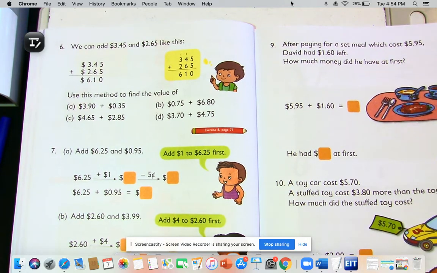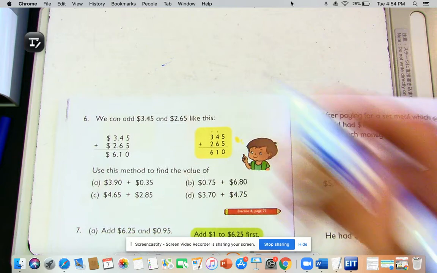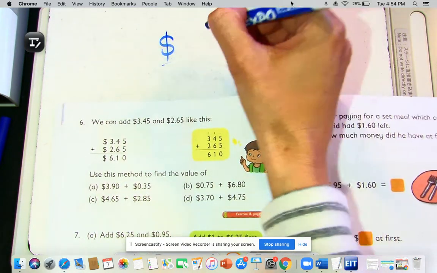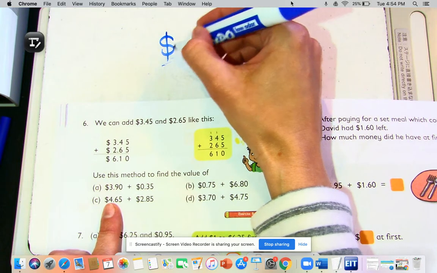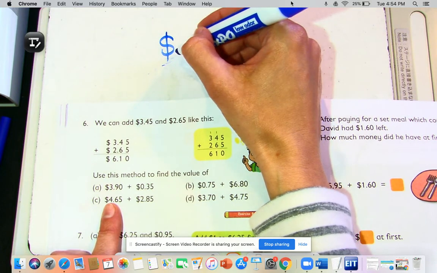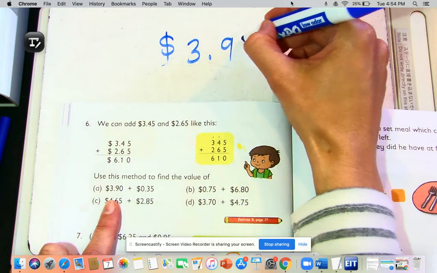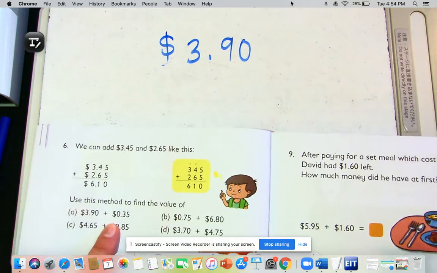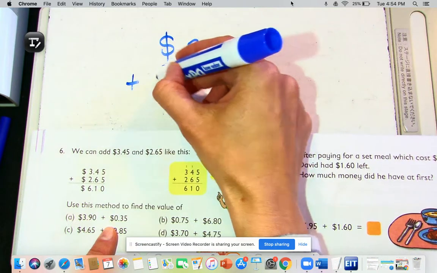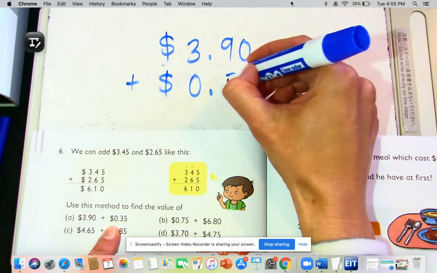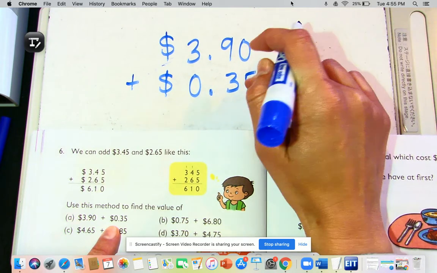So we have $3.90. And I always like to put my dollar sign first. A dollar sign is kind of like an S with a line through it, or you can have 2 lines through it. All right, so we have $3.90 plus, I'm going to line up my dollar signs, $0.35.